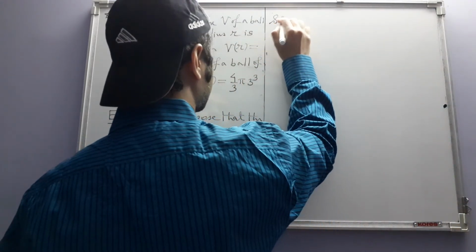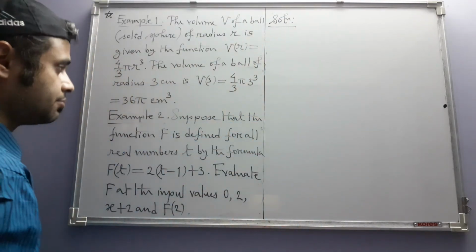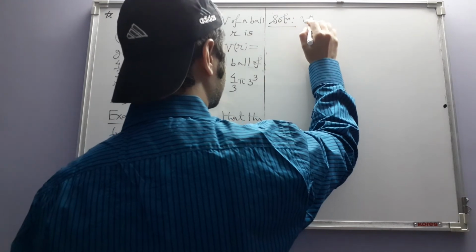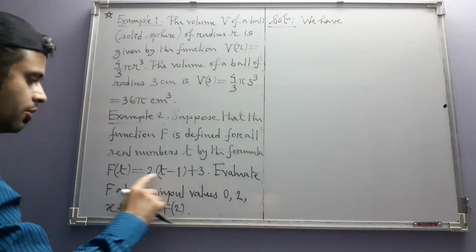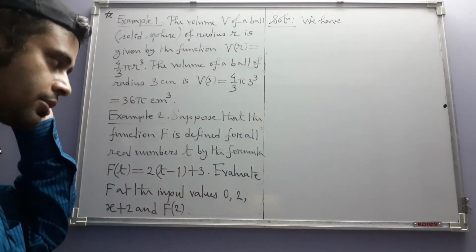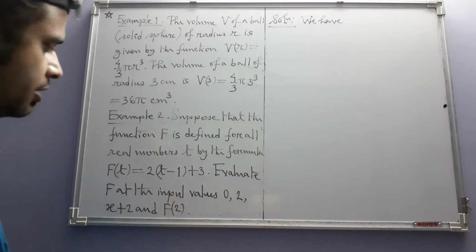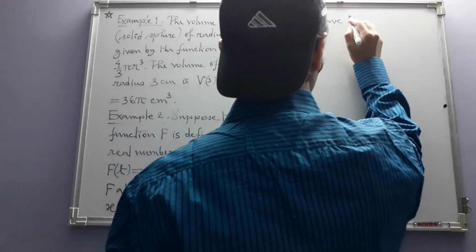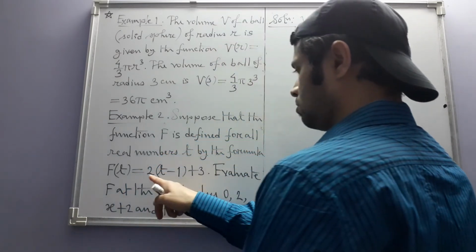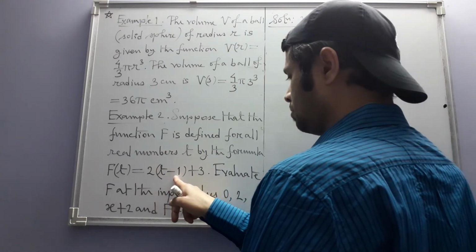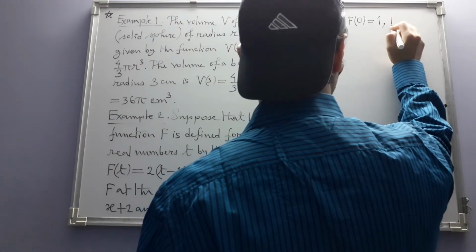Since it's given like an exercise, we write a solution. We just use the formula which is given to be the rule for the function, put the values of t here and calculate the corresponding outputs. F of 0 is 2 times (0 minus 1) plus 3. So that means 3 minus 2, so this is 1.